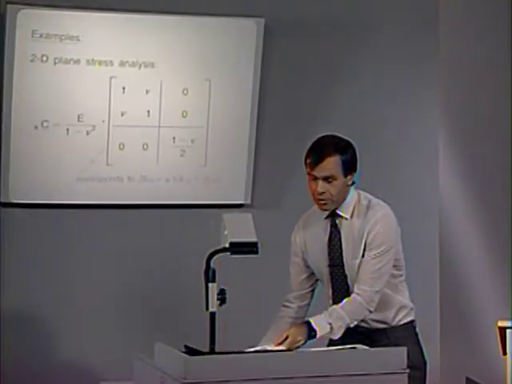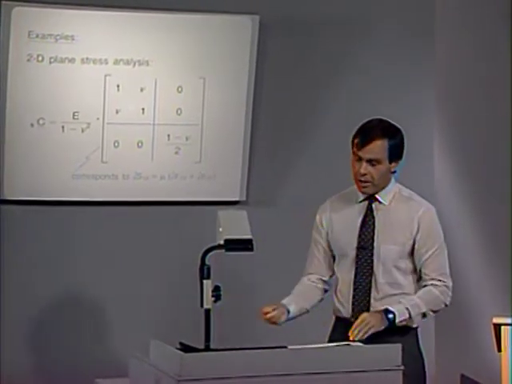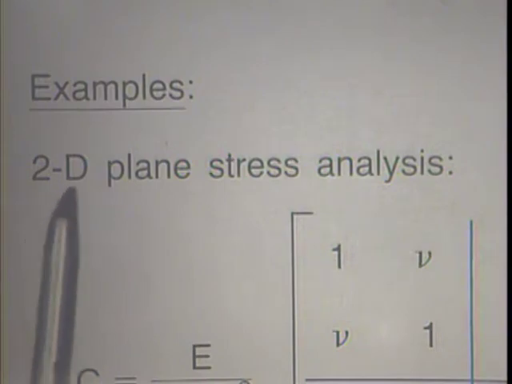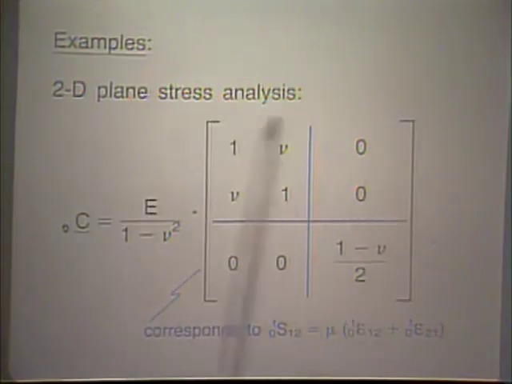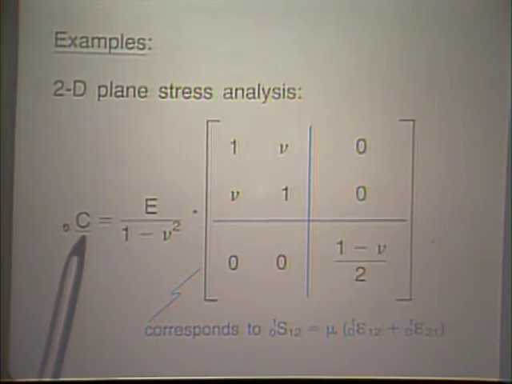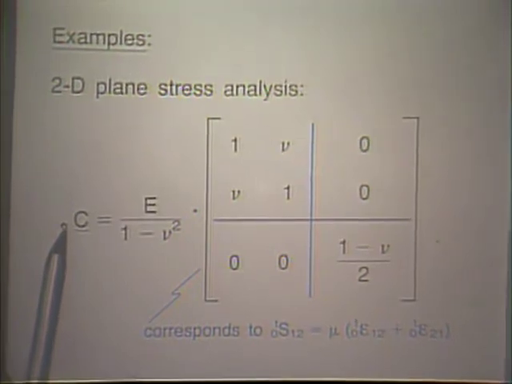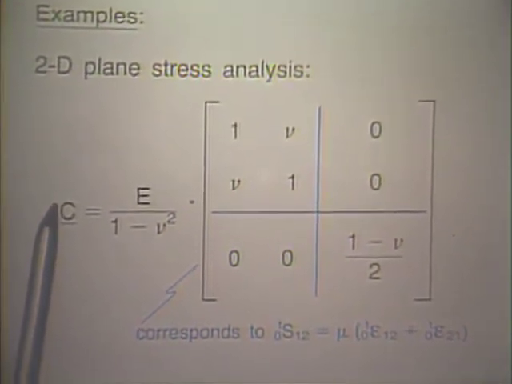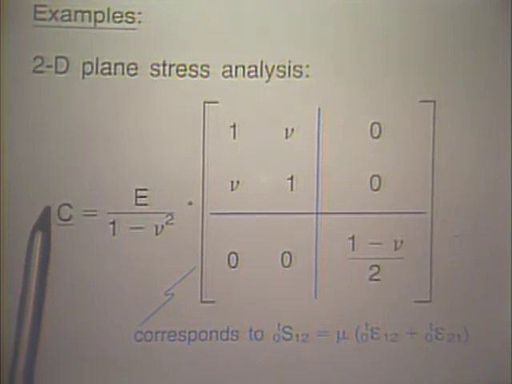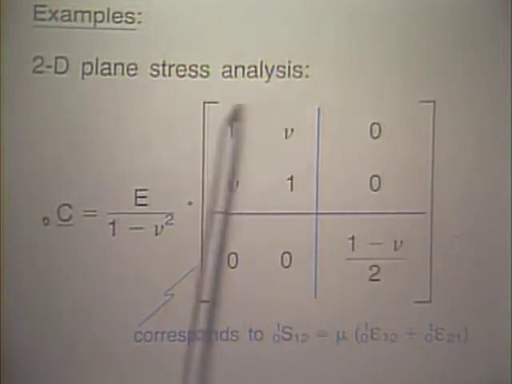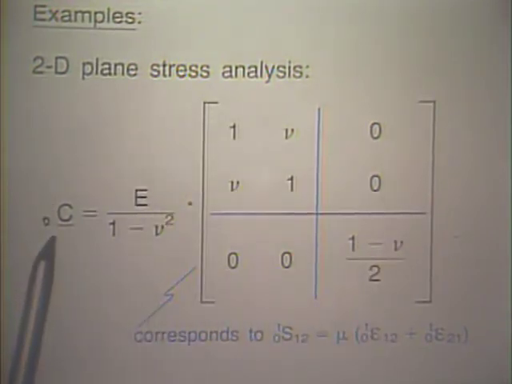As examples, here we have the stress-strain law for the 2D plane stress analysis. I've written it in matrix form, and the 0 here means total Lagrangian formulation. And notice that there could also be a t up here. In other words, we will use the same matrix for the increment in the stresses and for the total stresses.